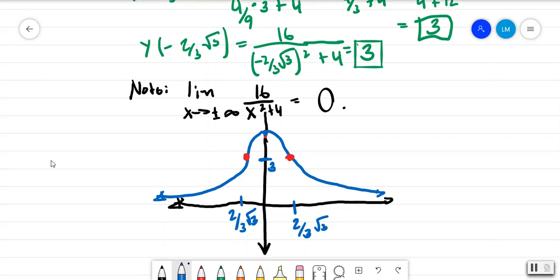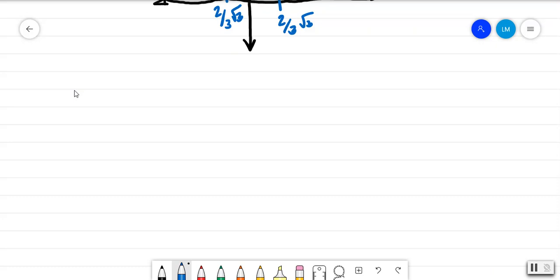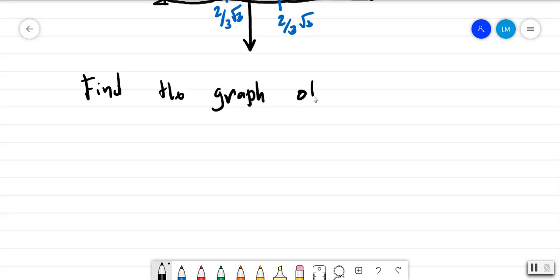Okay, so the next thing to do is to look at one more example. Let's say that we want to find the graph of y equals x plus 1 over x.